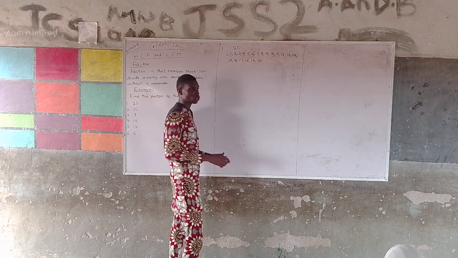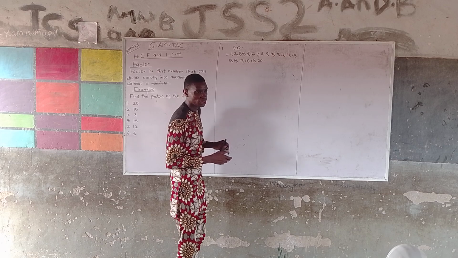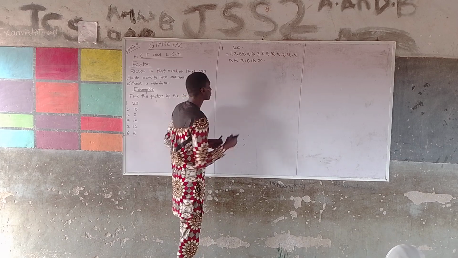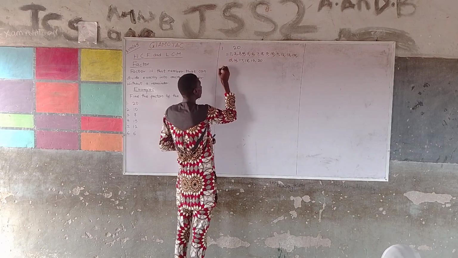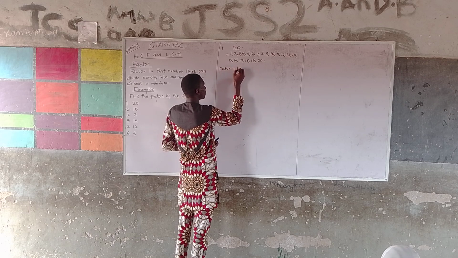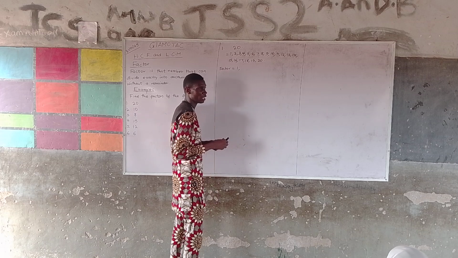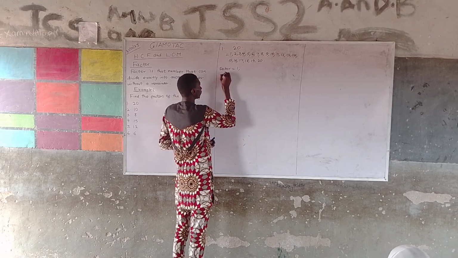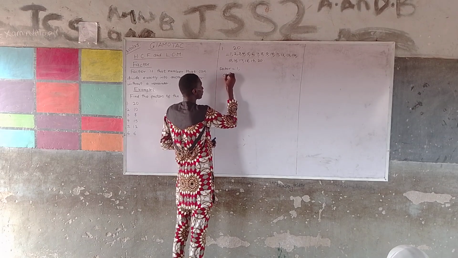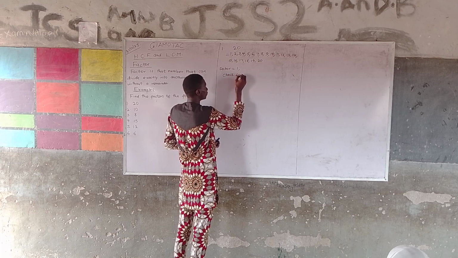Now, I'm going to show us how we can know whether a number is a factor or not. We already know that 1 is a factor. Then here we go. Pick the second number and let's check for 2.